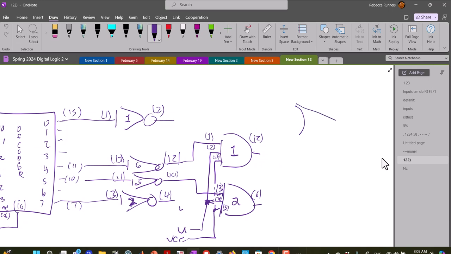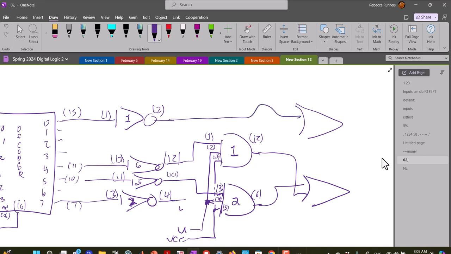And then you'll have 2 OR gates. So the inputs to one of these OR gates are going to be the outputs from the NOT gates.